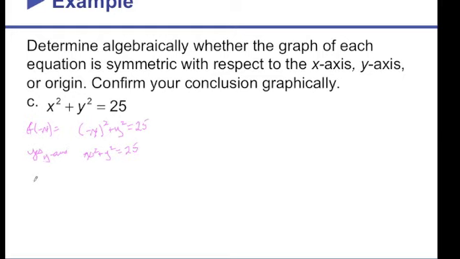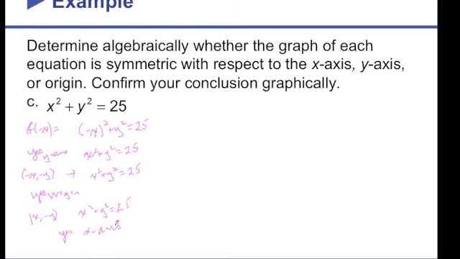If I filled in negative x and negative y, I would still end up with x squared plus y squared equals 25. So that's a yes for the origin. And if I filled in x, negative y, I would still get x squared plus y squared equals 25. So that's a yes for the x-axis.